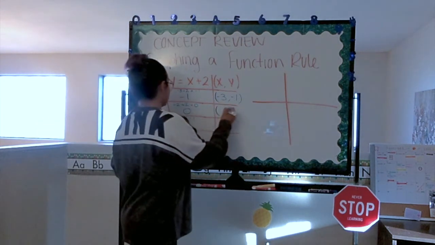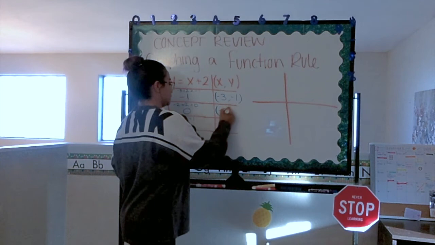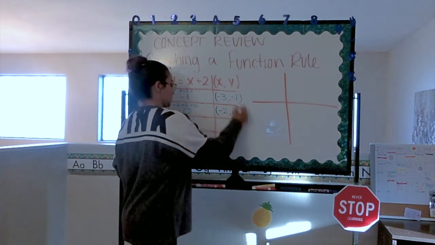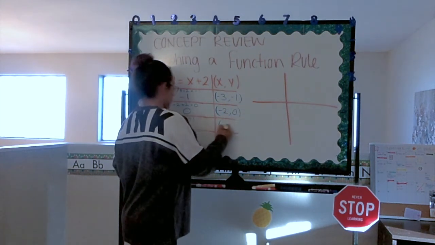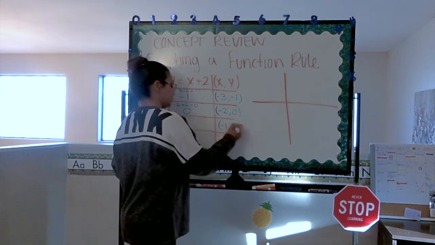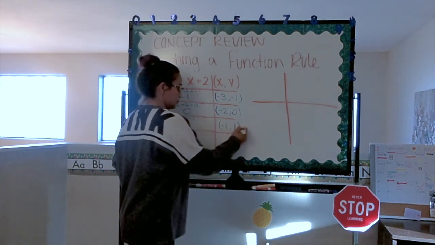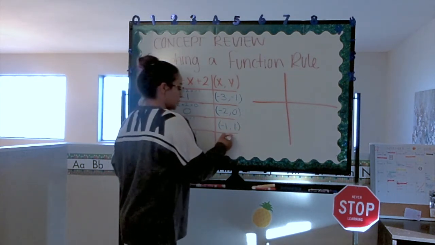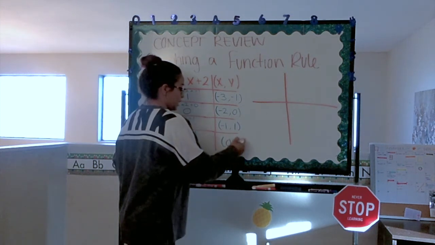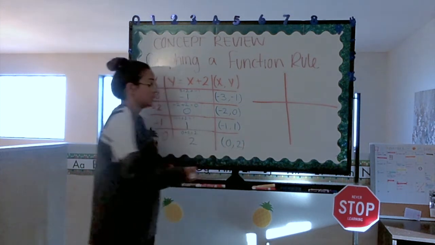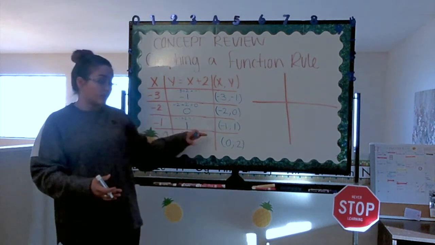So we're going to write those out. -2, 0, -1, +1, 0, and 2. And there we have our coordinates.